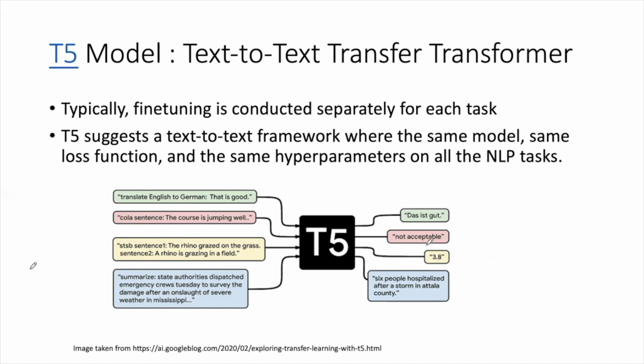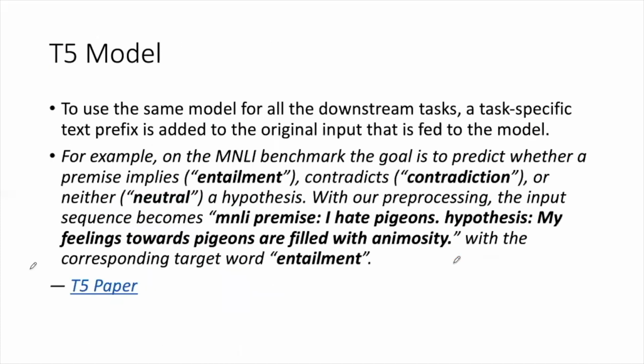Even then, we treat it as a string and try to predict it. If it's a real number, we convert it to a string. If it's a class, we convert it to a string. If it is a sentence, that is already in the form of a string. So this is the formulation in which the T5 model is built.